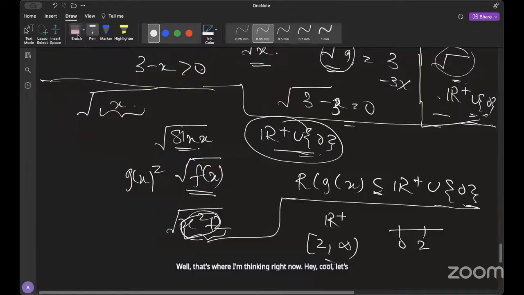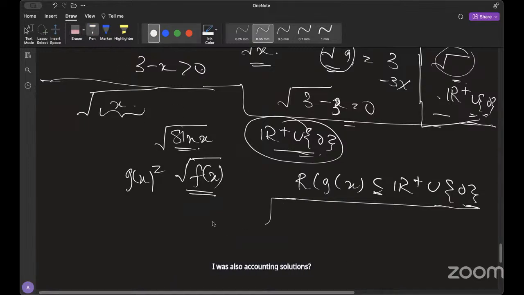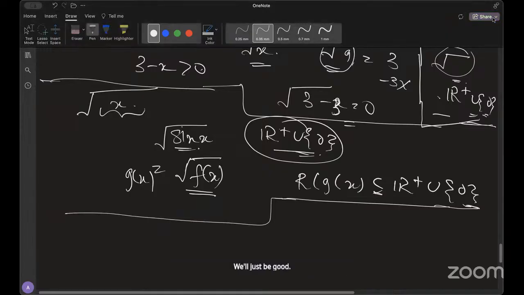Can you please solve this? Solve what? X square plus 2. How do we define domain and range of square root? Shivam, turn off your mic. No root, only x square plus 2.